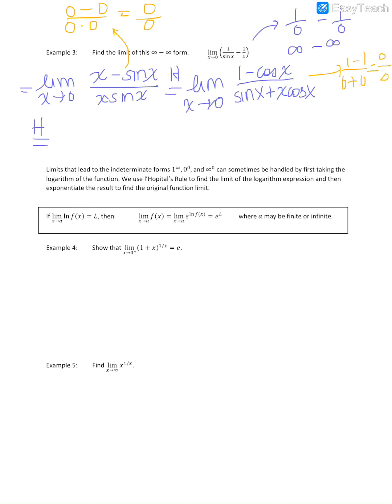On the bottom now, I'm going to do my derivative again. On the top, I get sine x. On the bottom, I get cosine x plus, and now I do need to do product rule for my x cosine x. So the derivative of the first times the second, plus the derivative of the second, that's going to be a negative x sine x times the first.